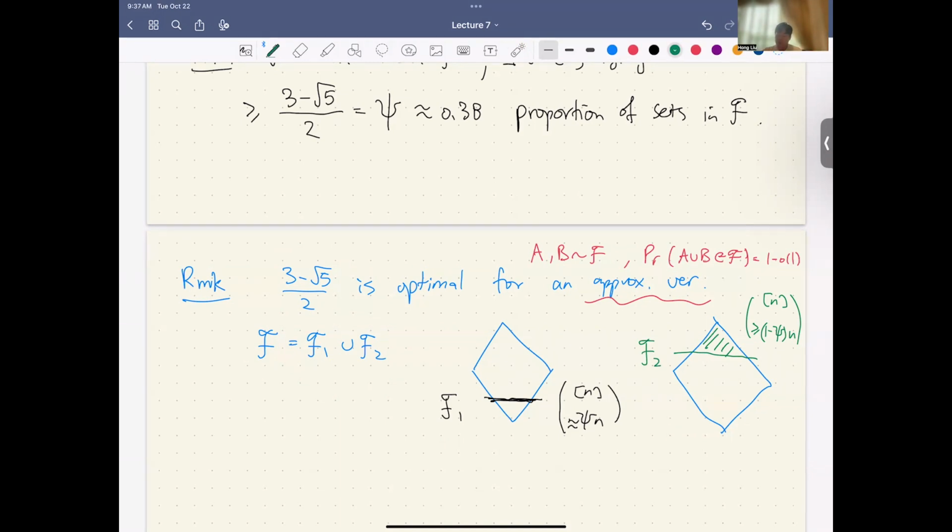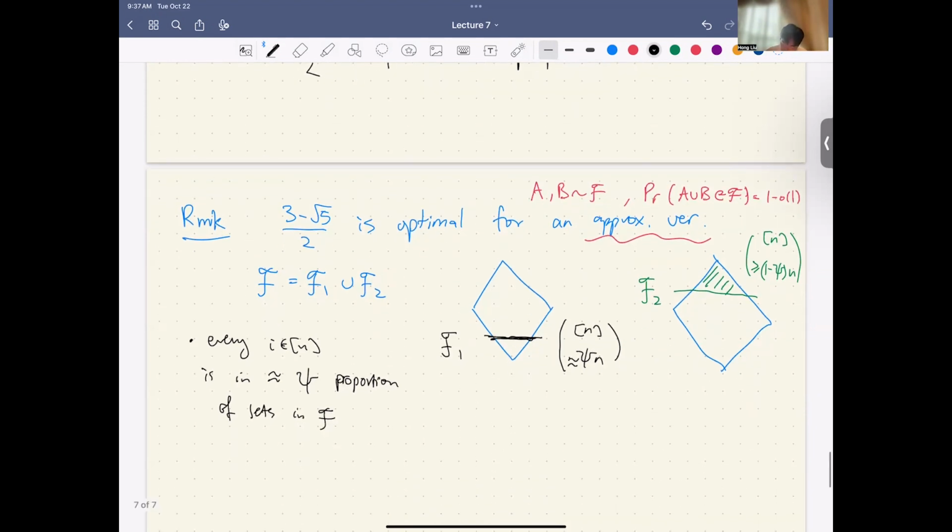And furthermore, this is approximately union closed. So here, every i in [n] is in roughly phi proportion of the sets in F, and it's approximately union closed.